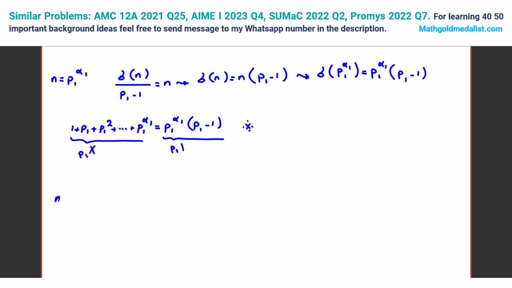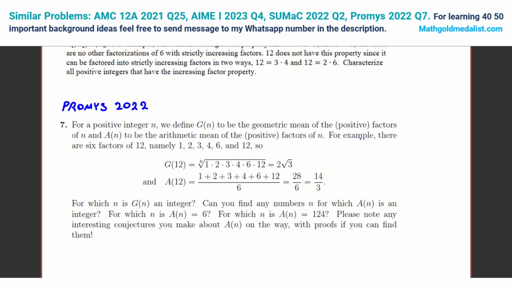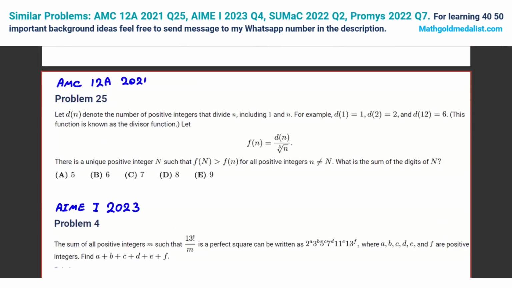Now let's consider 2 primes, p1 to the alpha 1, p2 to the alpha 2. Sigma of n over n. You should use exactly a similar approach in this Promise problem and in this AMC problem.